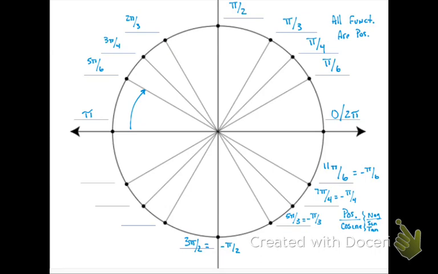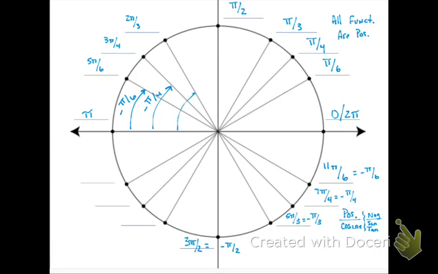Say it. What are you thinking? Ethan, what did you say? Yes, but what did we come back to, though? Negative. We went back pi over 6. What's going to happen when we go here? Negative pi over 4.